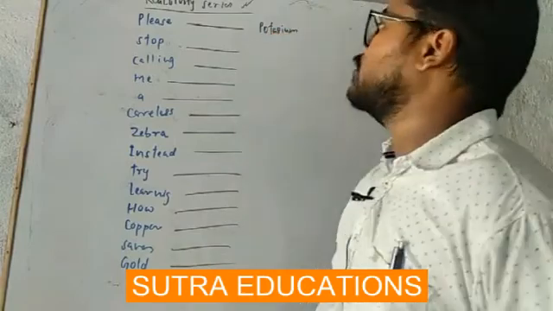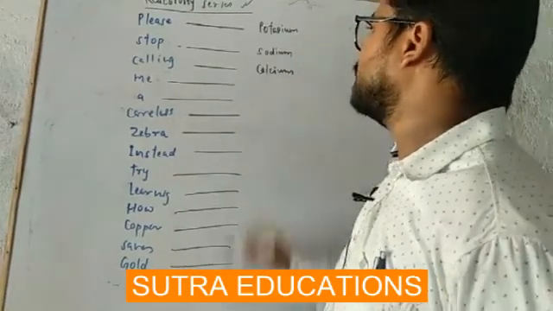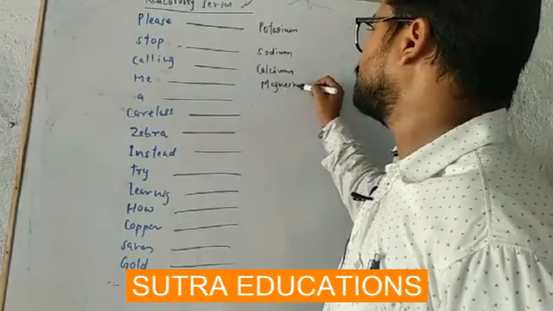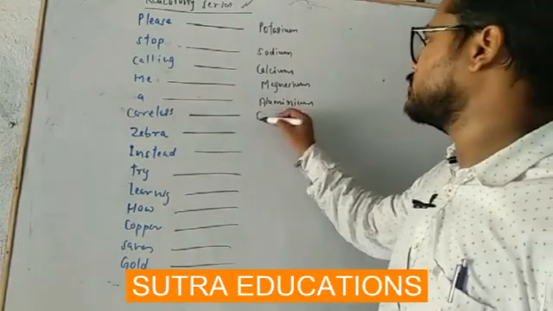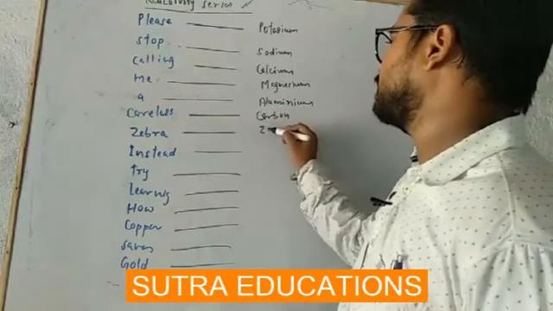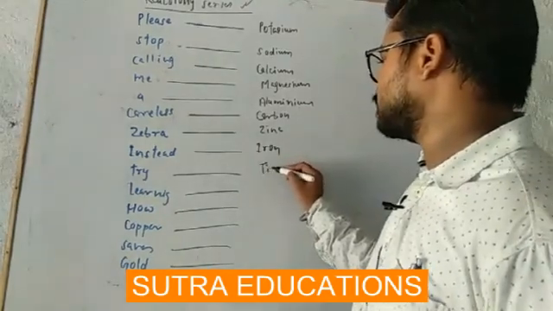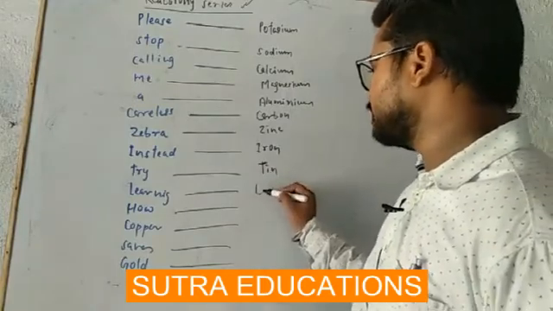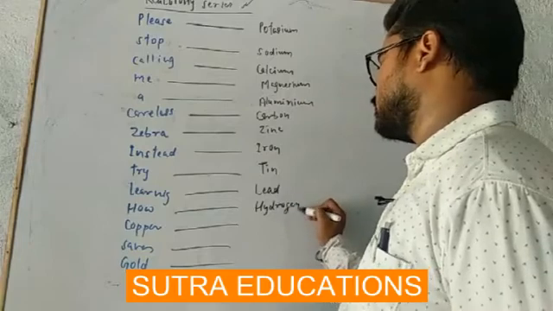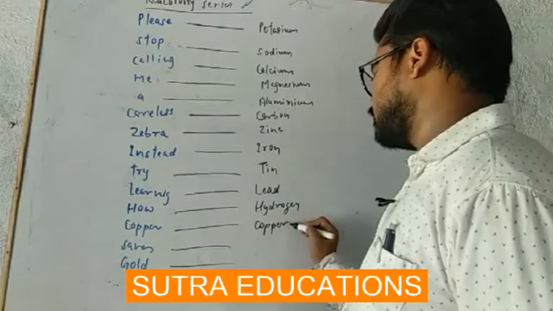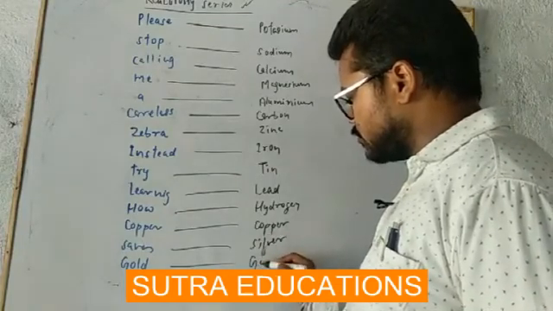Then sodium, then calcium, then magnesium, then aluminium, then carbon, then zinc, then iron, then tin, then lead, then hydrogen, then copper, then silver, then gold. Got it?